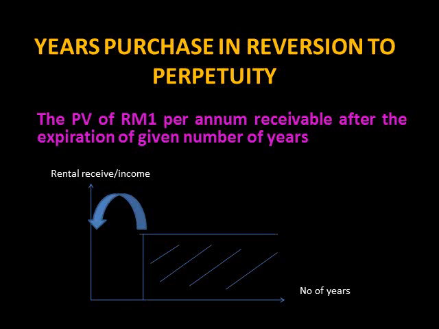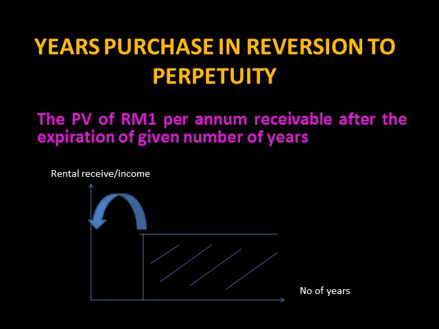Therefore, the YP reversion to perpetuity is also known as the present value of RM1 per annum, received after the expiration of the lease or rental period. Here, you can see that it is the combination of YP in perpetuity, the area with the blue lines, where you will receive the income in perpetuity because there's no expiry time, and also present value, whereby you need to PV in order to get the value today.